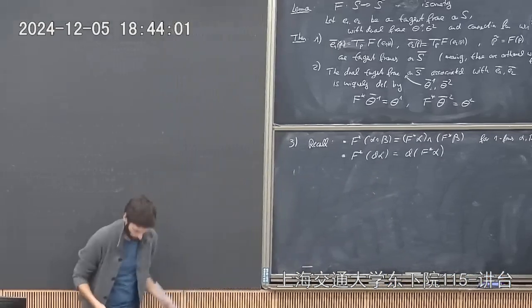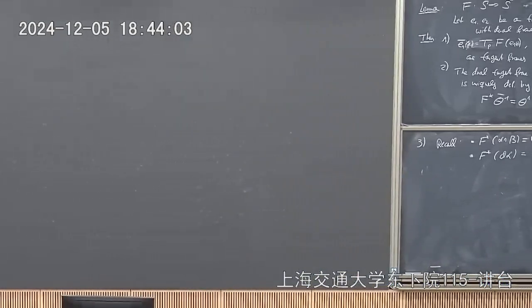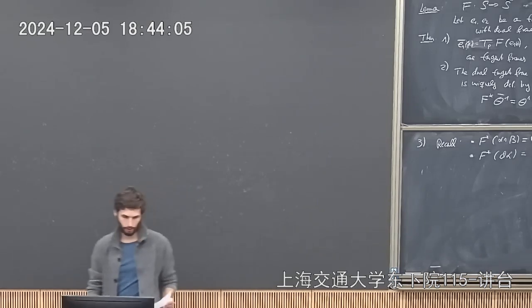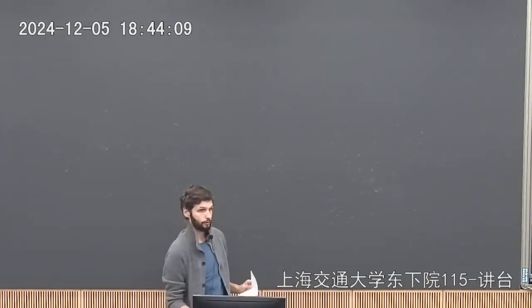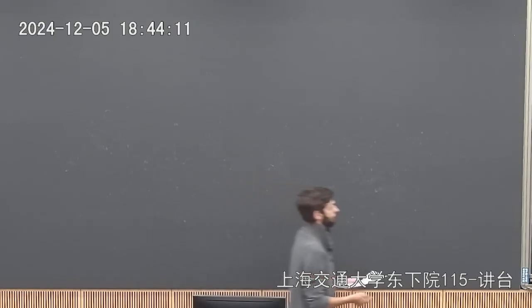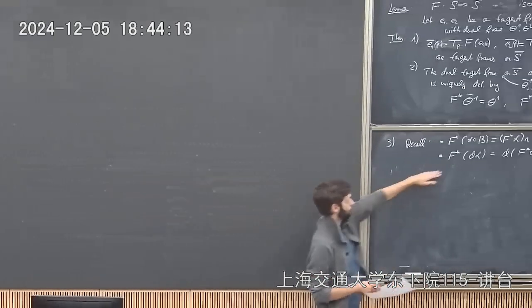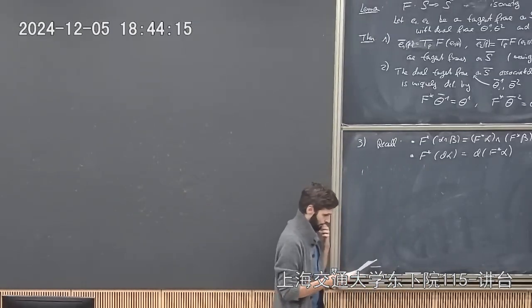So that was some of the properties that we discussed last time, that under pullback we have such nice equations of the wedge product and also of the exterior differential.